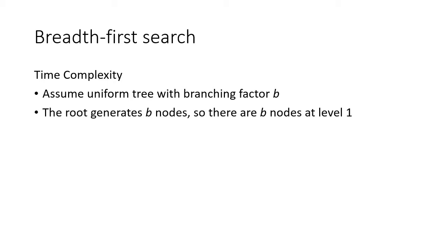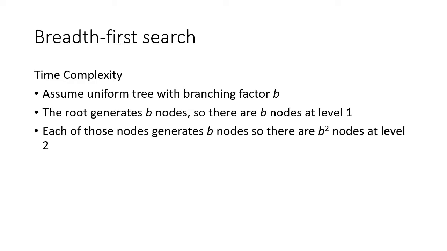The root generates b nodes, so there are b nodes at level 1. Each of those generates b nodes, so there are b squared nodes at level 2, and this keeps going at each level, increasing the number of nodes.